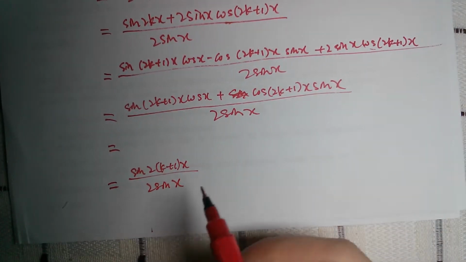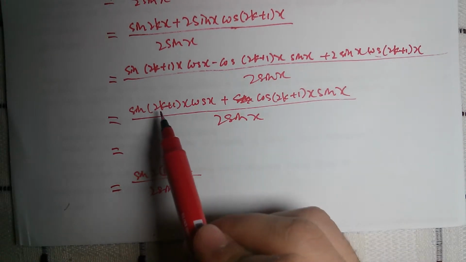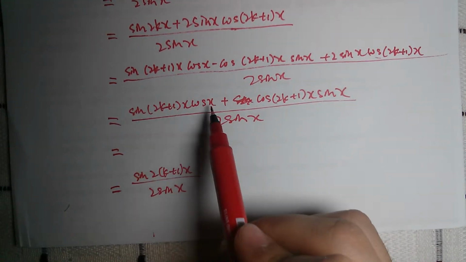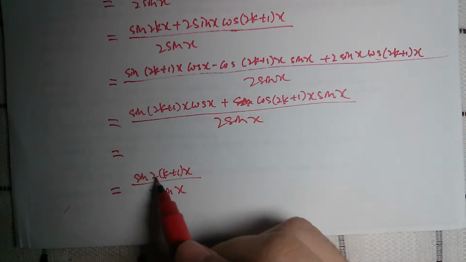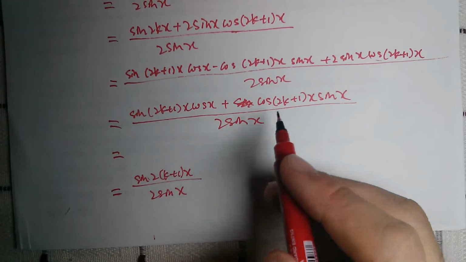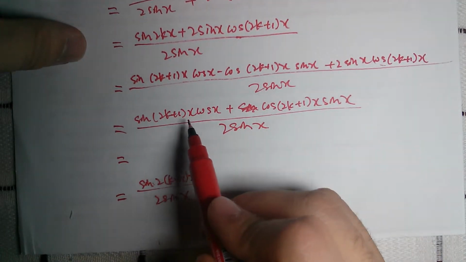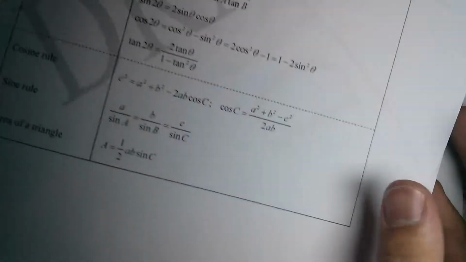Now with this in mind, it should be easy to see what to do here, because (2k+1)x plus another x would be (2k+2)x, while you can factorize a 2 out. So it would become exactly like this. Why can you suddenly add them up? Because again, the compound angle formula.